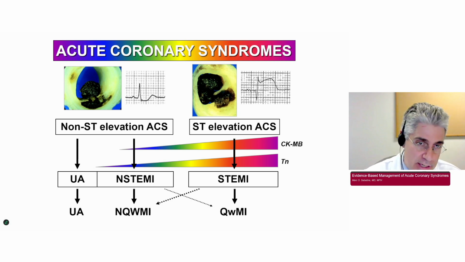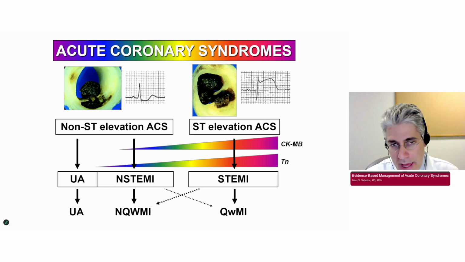On the left-hand side, I show you another pathologic specimen of a coronary artery. Here again, there's been rupture of a plaque sitting at around 5 or 6 o'clock. But in this case, the thrombus is subtotal and does not completely occlude the coronary artery. The patient may or may not have ST segment depression, which I show on the ECG snippet immediately to the right of the pathologic specimen.